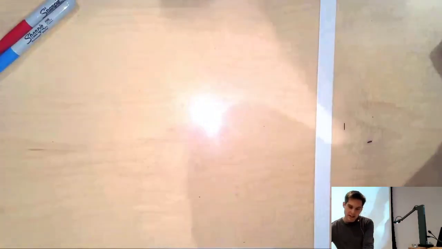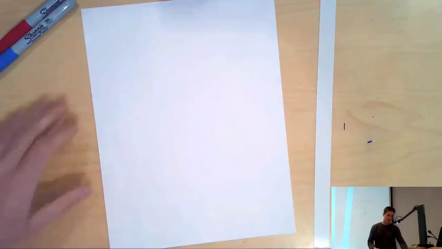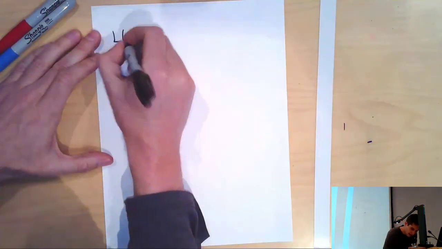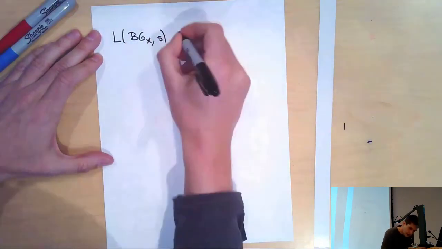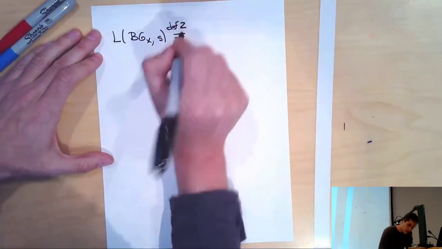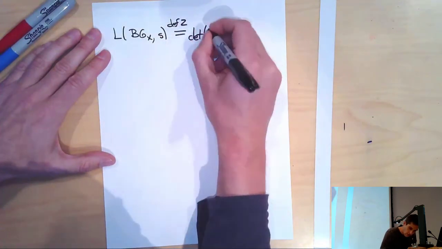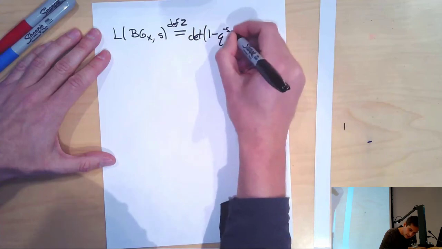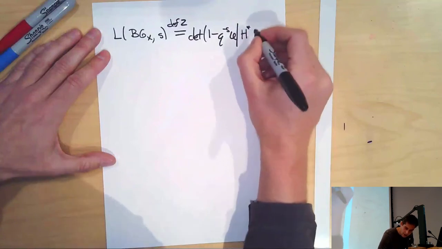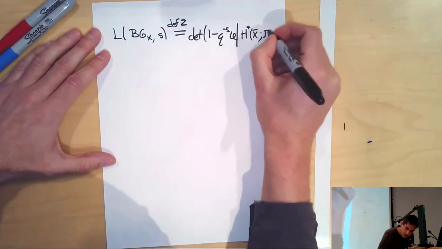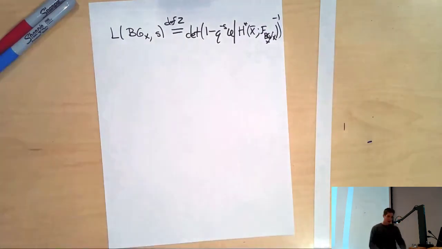Okay, so what does this buy us? Well, let's use our second description of the L function that we've associated to this situation. So this L(BG_x, s), by invoking definition 2, is equal to the determinant of 1 minus q^{-s} Frobenius on the H^* of X-bar with coefficients in this sheaf F_{BG_x} over X, and then an inverse there.